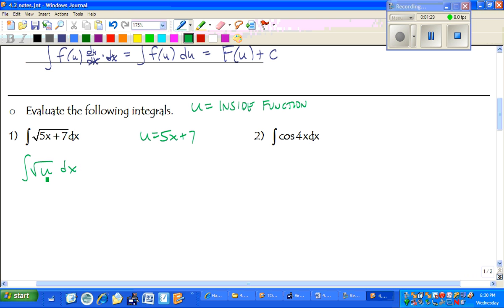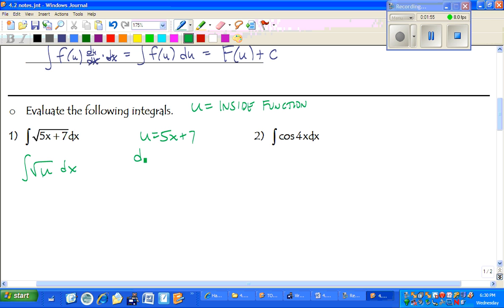These variables have to match up in order to do the antiderivative. This one, obviously, is u. This is dx. They're not matching up. These both have to be the same. So we can't just change this part into u, but this whole integral has to be rewritten in terms of u. So the way that we do that is we need to look at what's the derivative of u.